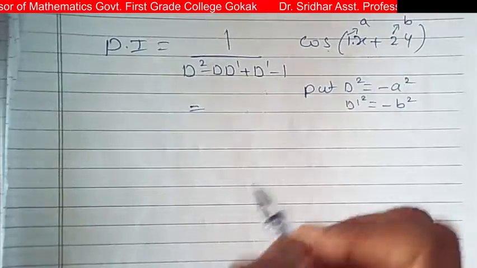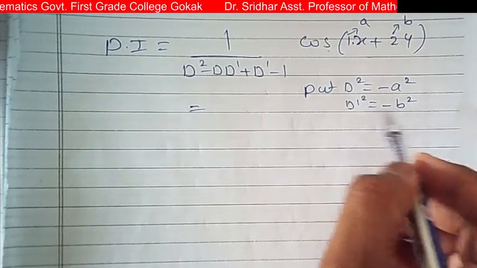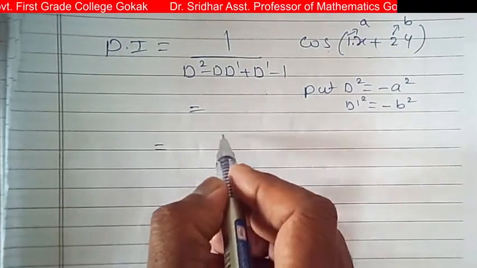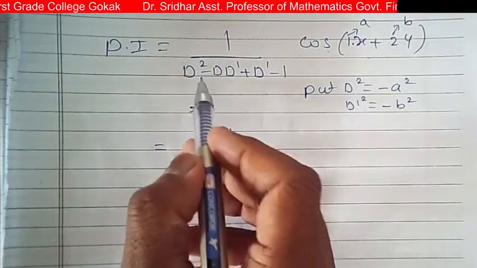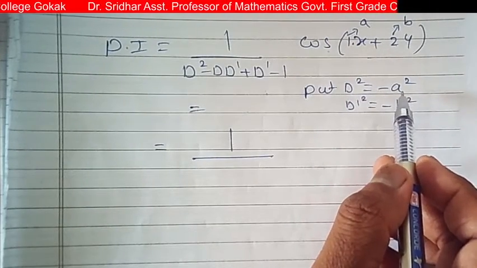Therefore we have to replace D square by minus a square and D dash square by minus b square.